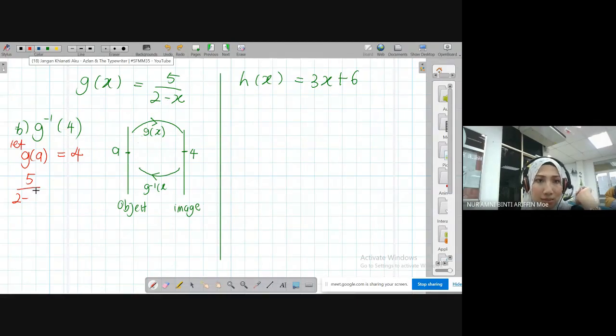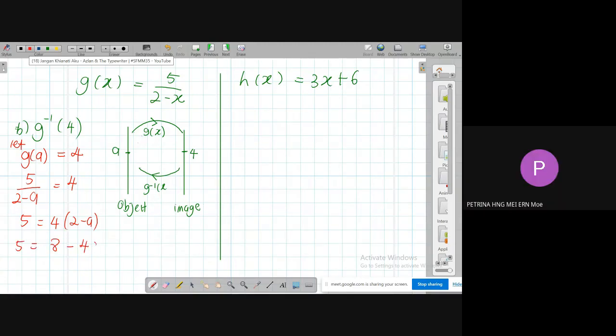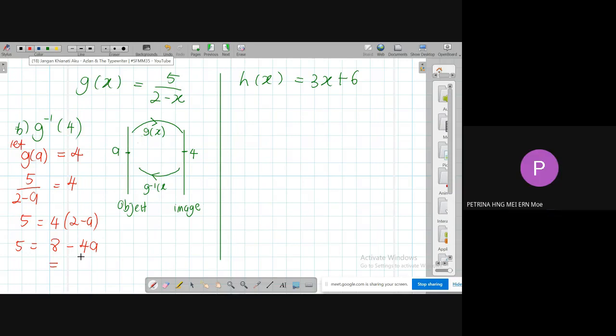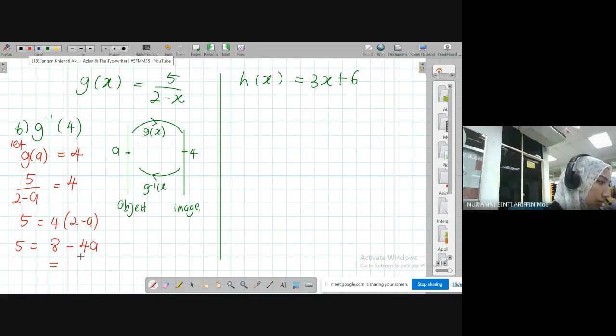Two minus A. For D, A equals to 1. For D. Sekejap, saya cek jawapan. Ha, betul. Okay, tanya cikgu. Okay, faham dah, nampak dah?